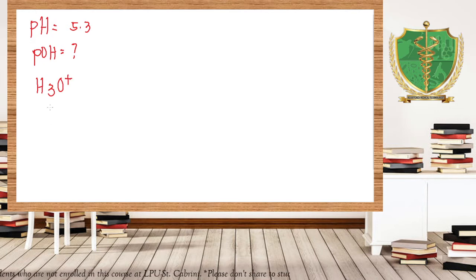Another example. This time, given the pH. The pH is 5.3. The question is, what will be the pOH? What will be the hydronium concentration? And what will be the hydroxide concentration?